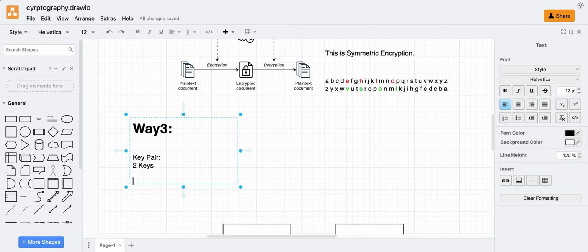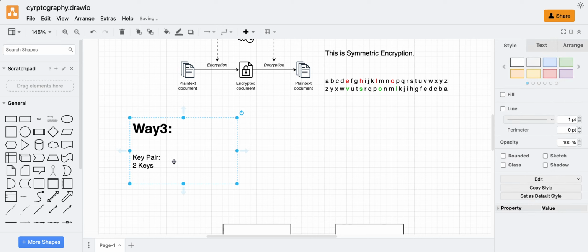One key is used to encrypt the message, and the other key will be used to decrypt that same message. What I mean is, if one key is used to encrypt the message, that message can only be decrypted by the other key of that key pair.